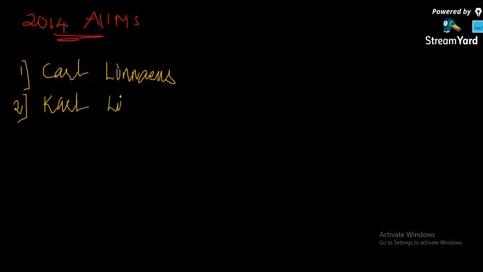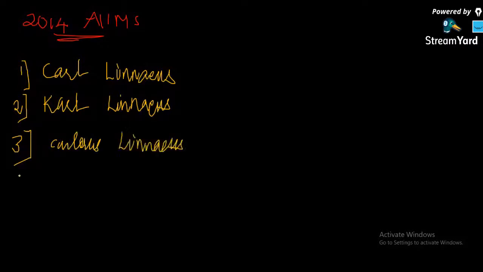Option one was Linnaeus. So everybody will be writing that answer. Option two was Carl Linnaeus. Look at the spelling, all pronounced the same. Third one is Carolus Linnaeus. And the fourth one was Casper.